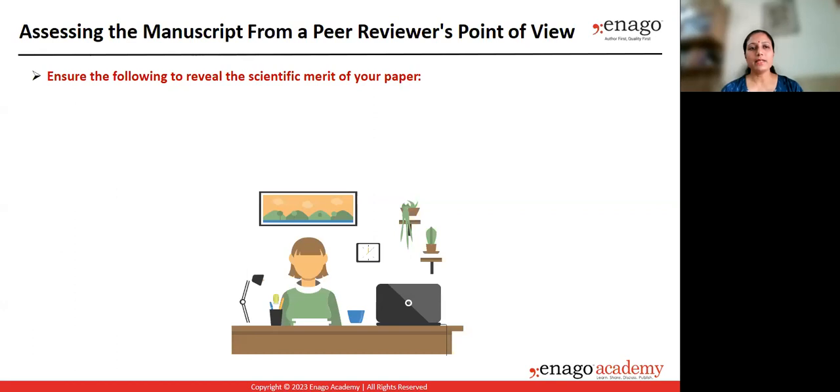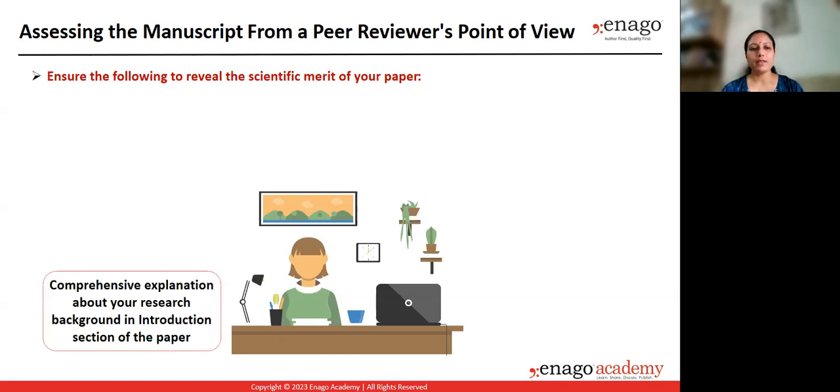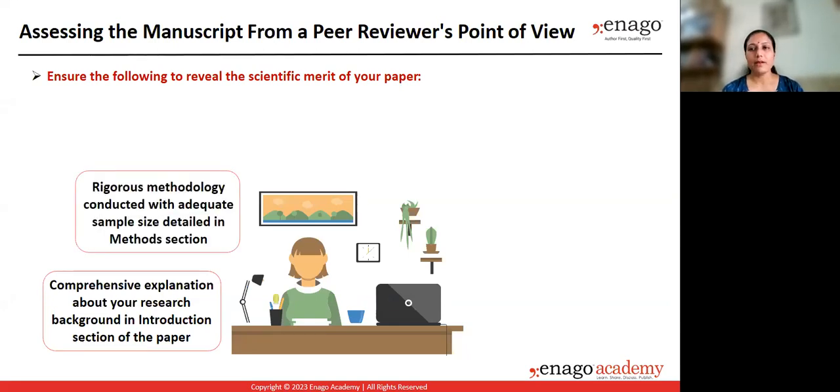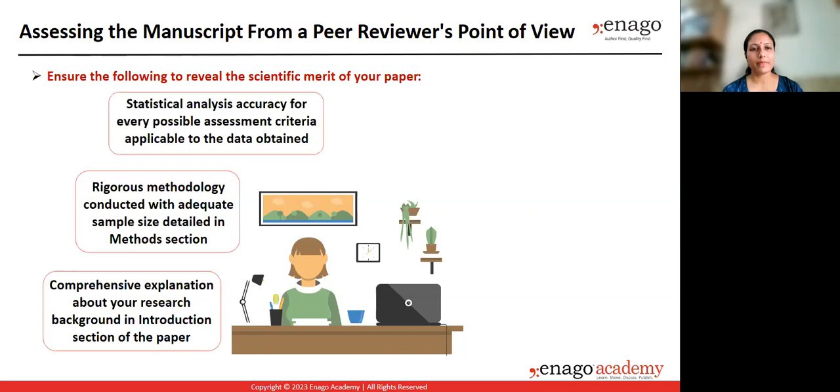As we move ahead, we will look into the scientific merit assessment parameters of the paper. The comprehensive explanation about your research background in the introduction section of the paper should be ensured. Please also look into whether the methodology that has been detailed is rigorous enough with adequate sample size detailed in the methods section.